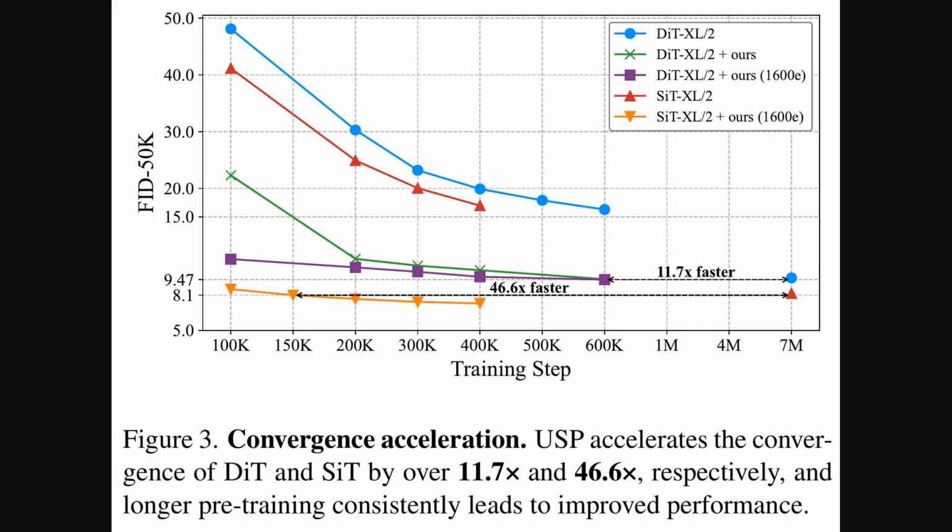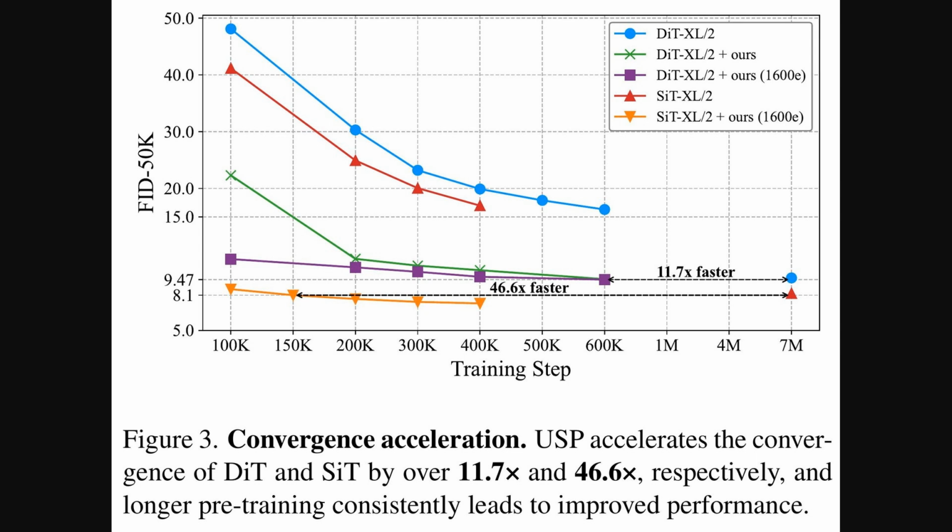Alright, so building on those results and the example images we just saw, Figure 3 here gives us a visual look at that convergence acceleration we've been talking about. It plots the FID score, remember lower is better, against the number of training steps. You can see lines for both DiT-XL/2 and SiT-XL/2 models, comparing the standard versions with the ones initialized using USP, which are marked as "ours".